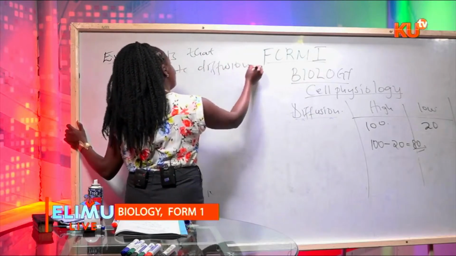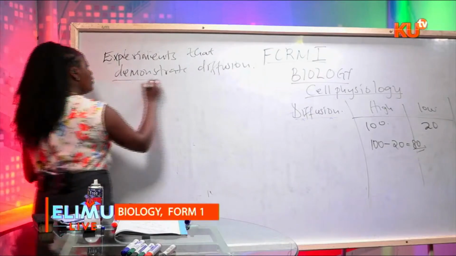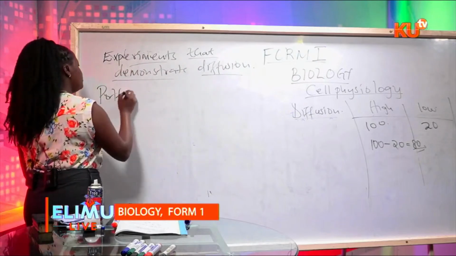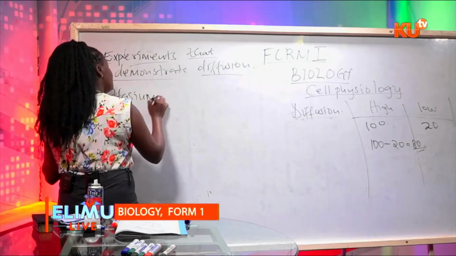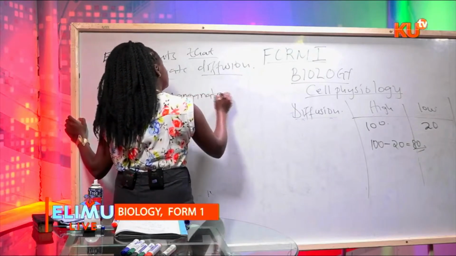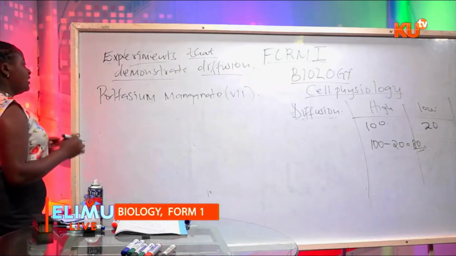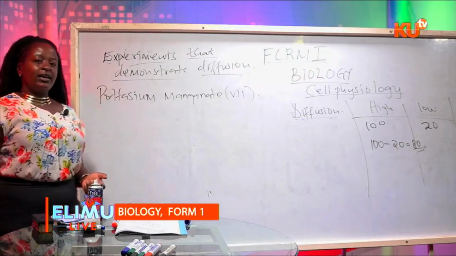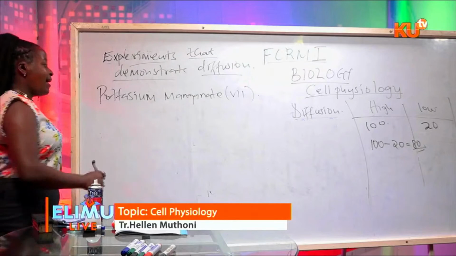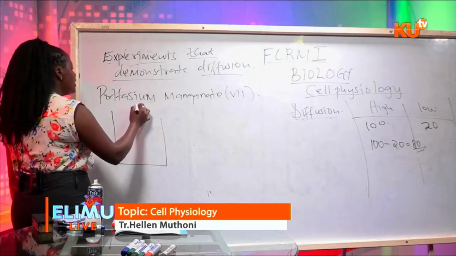The first experiment involves a chemical or a compound that is called potassium manganate 7. Potassium manganate 7 is purple in color, and how it is used to demonstrate diffusion, a crystal of potassium manganate 7 is put in a glass rod.